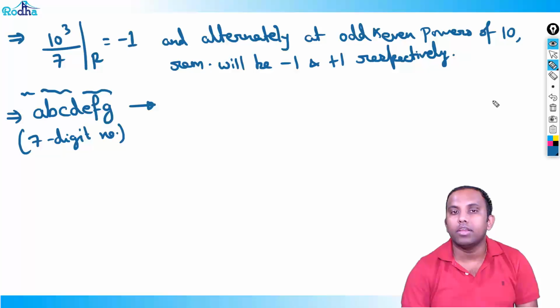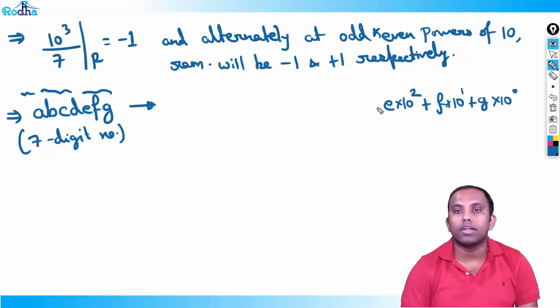What is the last 3? G into 10 raised to 0 plus F into 10 raised to 1 plus E into 10 square. From this 3, nothing will come as common.